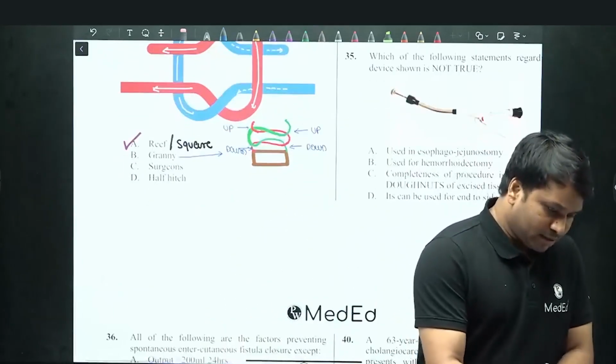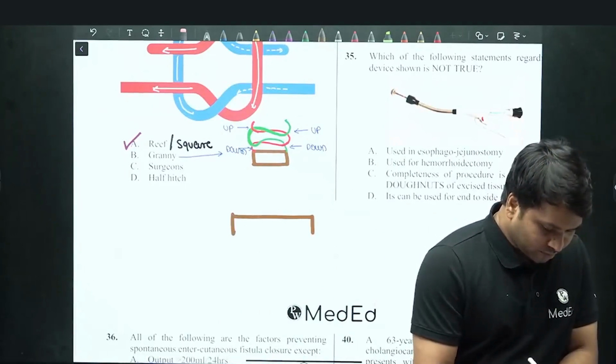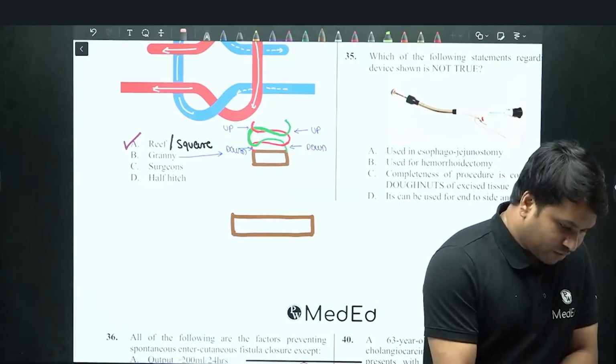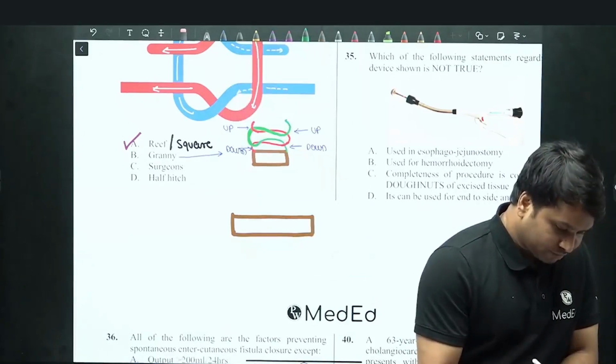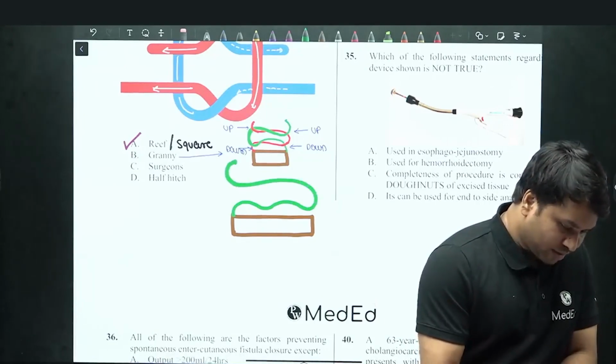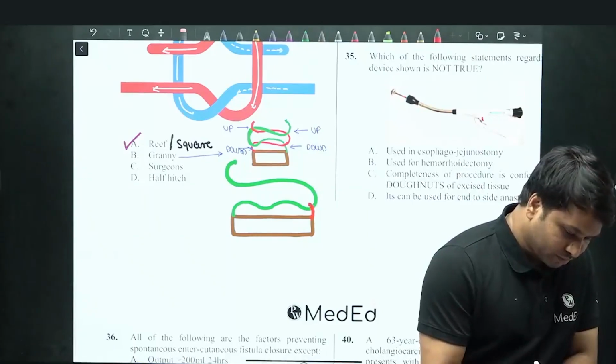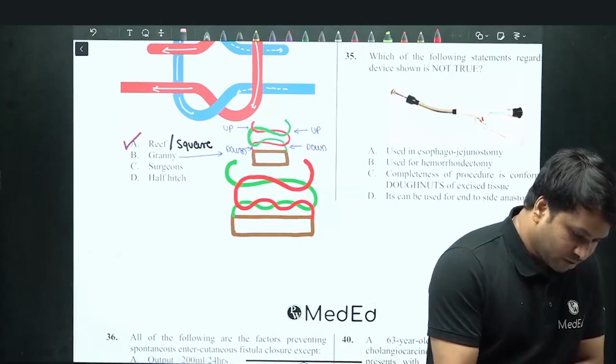Now, when you talk about the surgeon's knot, for a surgeon's knot, you will have two loops and one loop on top. This will go in this particular manner.